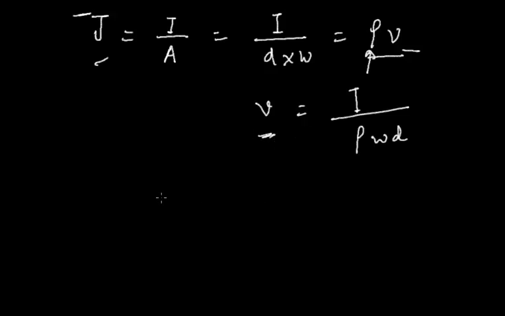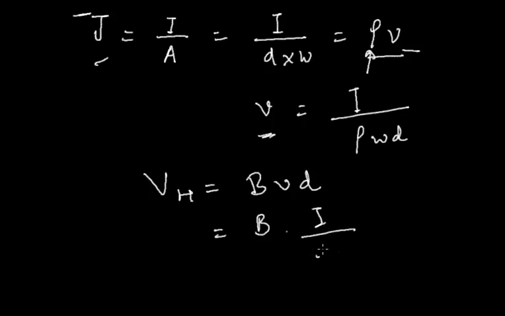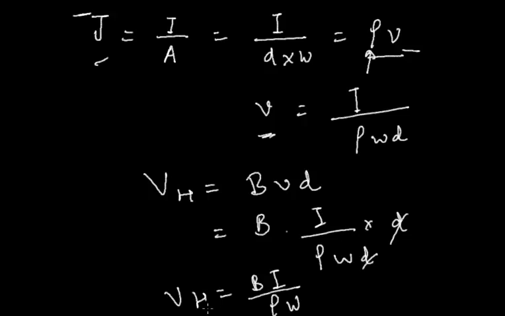Now Hall voltage. What was Hall voltage? It was BVd, right, in terms of magnetic field. So for V we'll place the value from here: I divided by rho W d, times d. So we can cancel d by d. So we'll get BI by rho W, which is equal to Hall voltage.